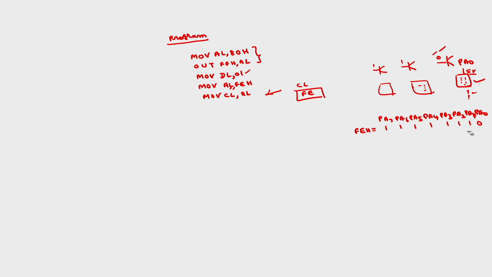So I have taken this FEH into AL as well as CL. Now I can use AL for OUT instructions. Then OUT, because this is connected to port A, the address of port A is FCH comma AL.